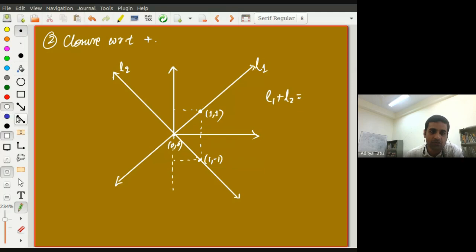In that case, what will I end up with? I'll of course end up with this line. This line is nothing but L2 plus 1, 1.